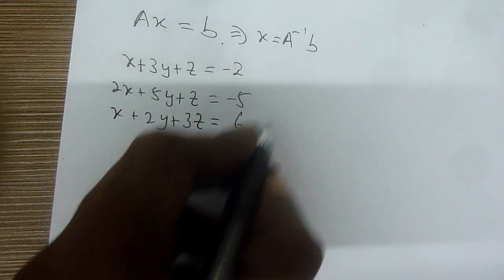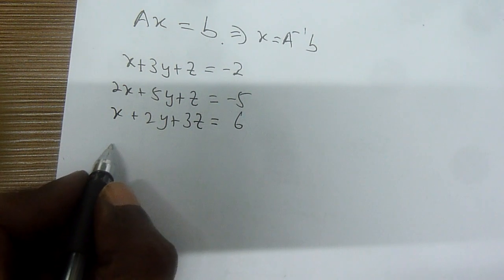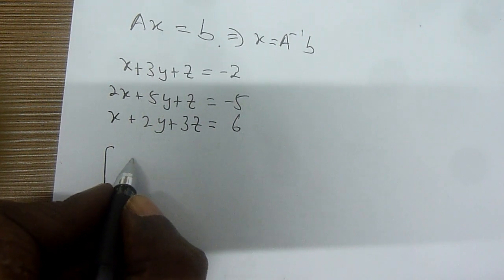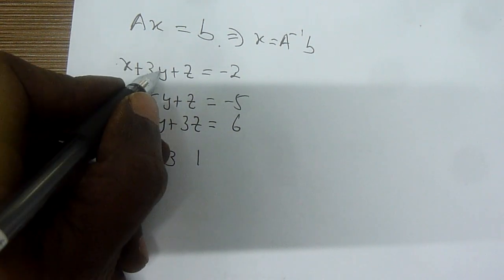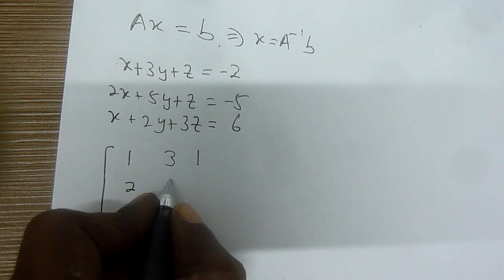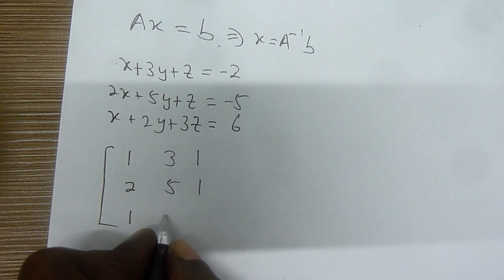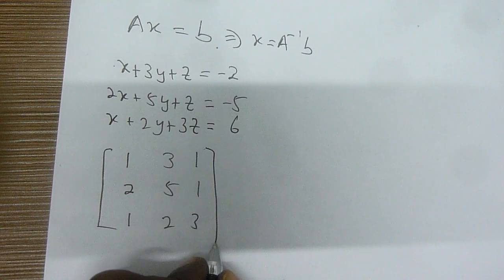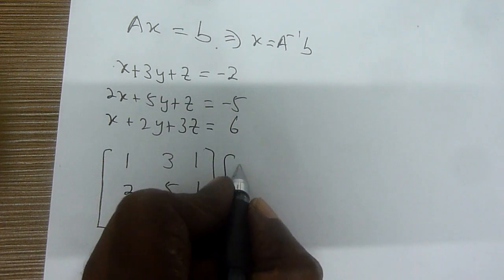In order to solve this, we can use a simple matrix concept. Write the coefficient matrix, 1 3 1, 2 5 1, 1 2 3, and equate that to the vector x y z.